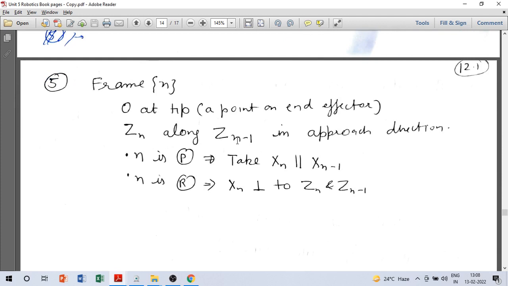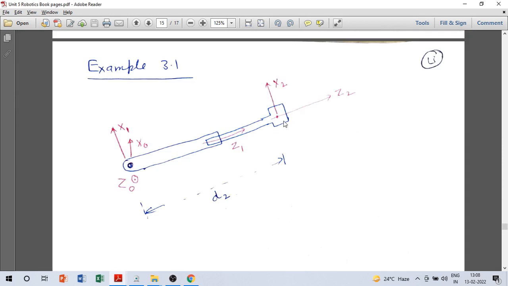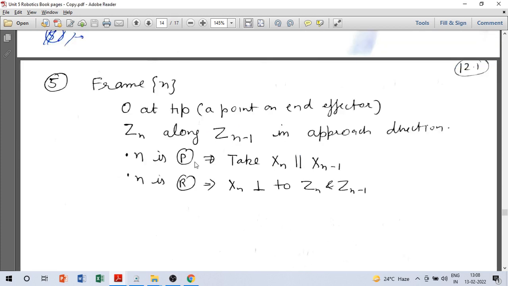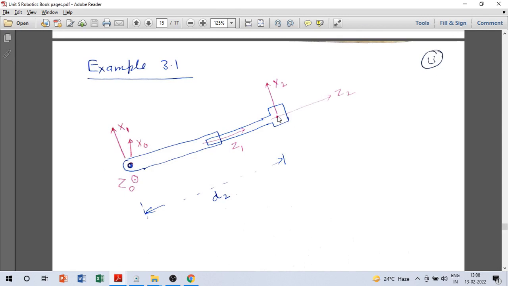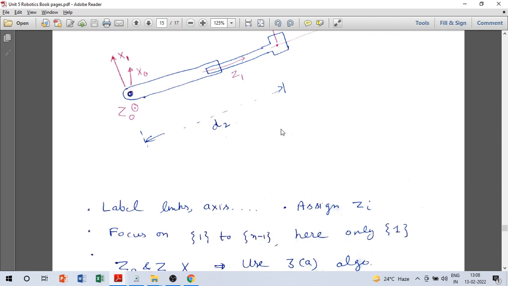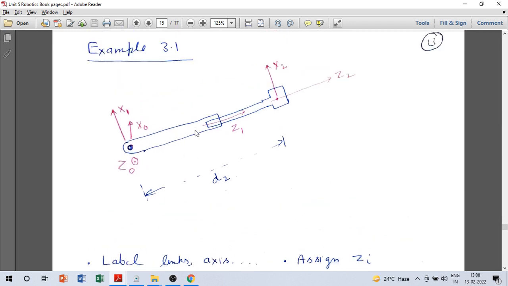And now the second point is, if joint n is prismatic, here joint n is prismatic, then we take xn parallel to xn minus 1. So we'll take x2 parallel to x1. So that is what has been done here. So now this completes the assignment of frames. We have frame 0, 1 and 2.